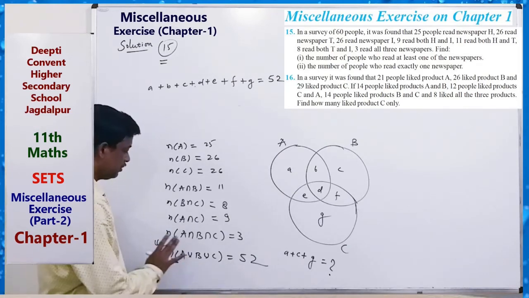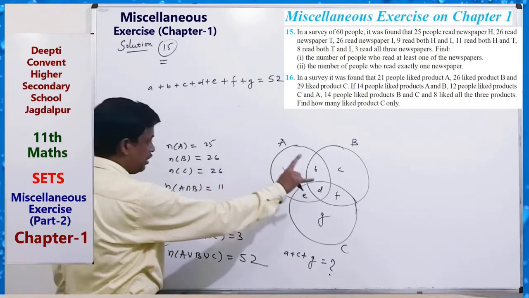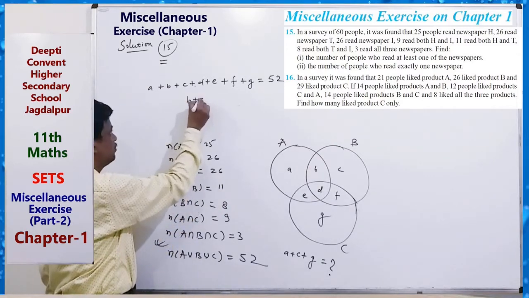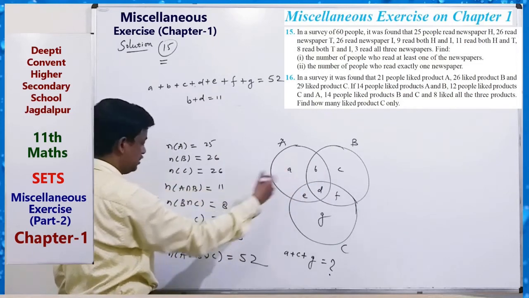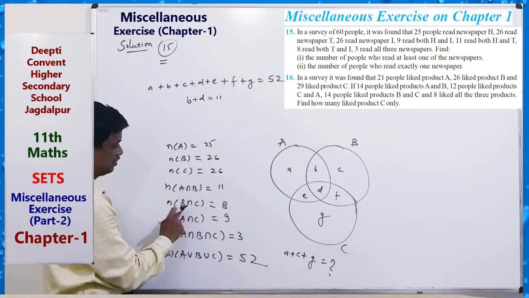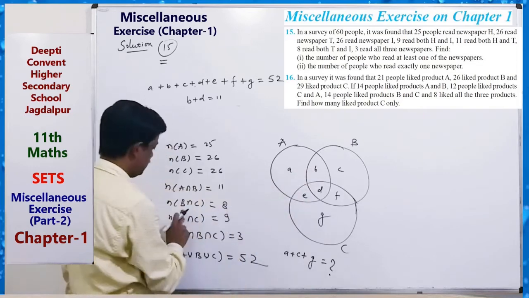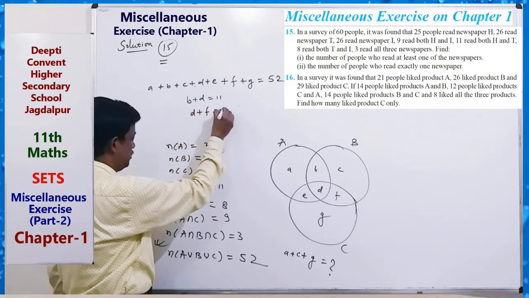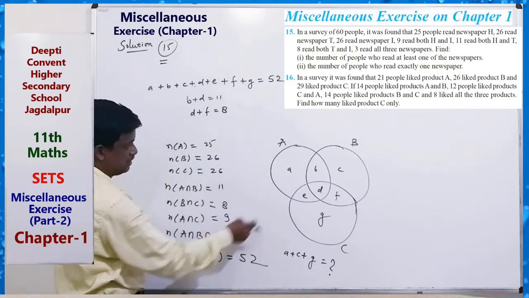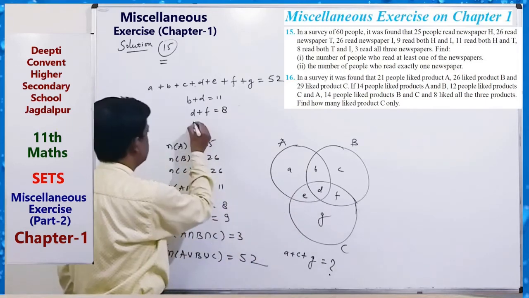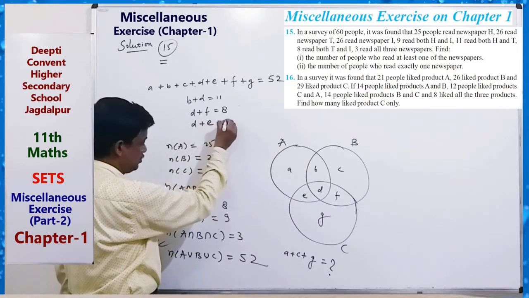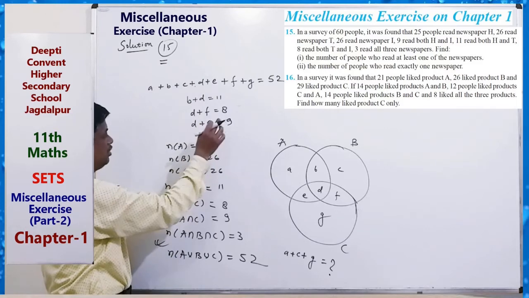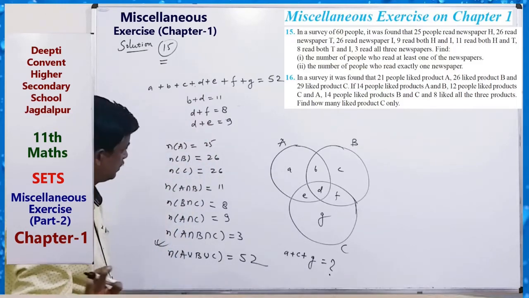Now B plus D is 11, both A and B. D plus F is 8, and D plus E equals 9.